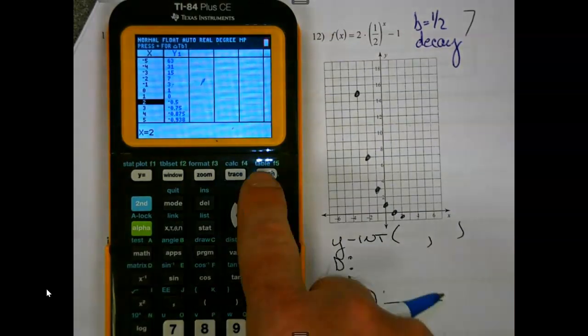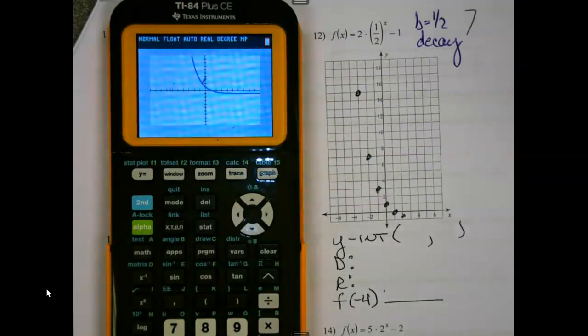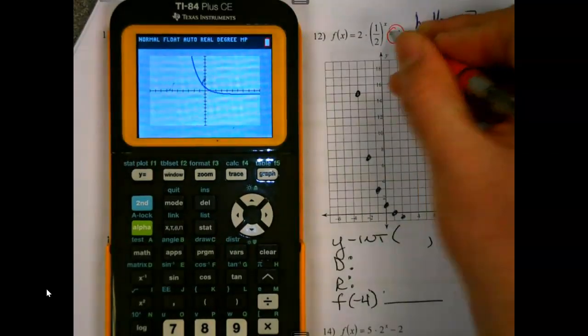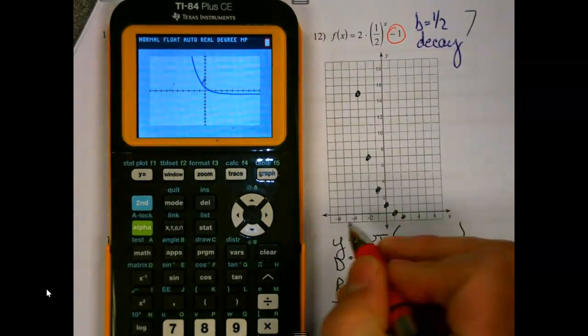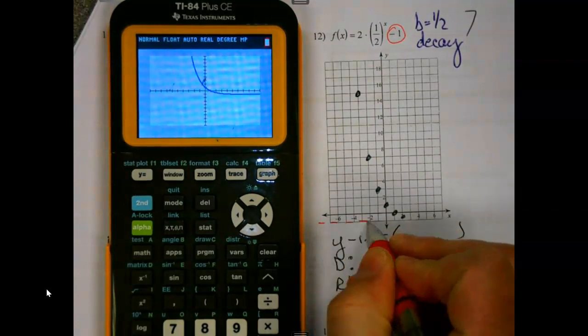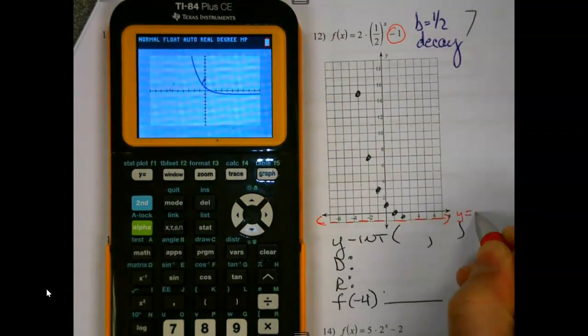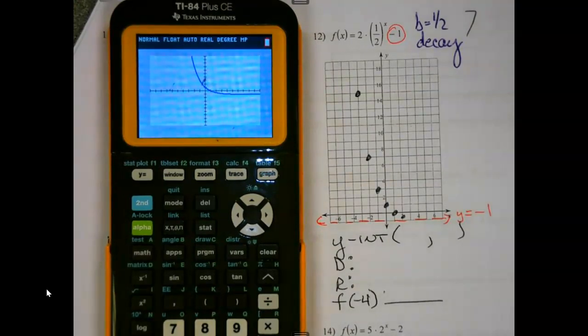So I also notice, if I go back and look at the graph, we're not hugging the x-axis this time. And there's a very good reason for that. Because if there's a number on the end, that is the y value of our asymptote, our do not cross line.